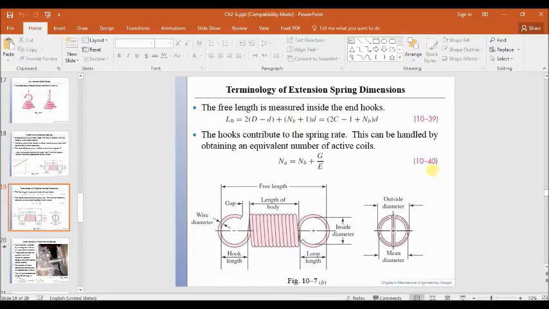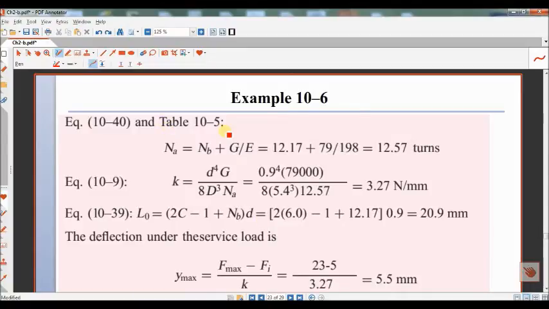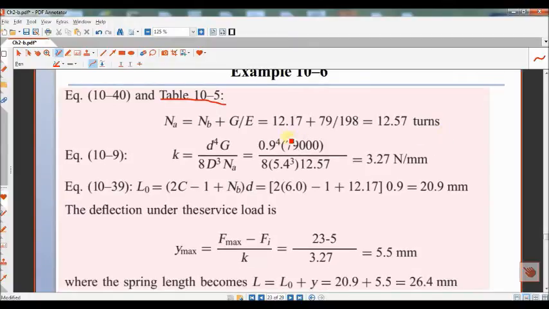By using this equation, we first need to find parameters G and E. So we have to refer to table 10.5 to find G and E for hard drawn wire, which are equal to 79 and 198 respectively. So the number of active coils is 12.57 turns.